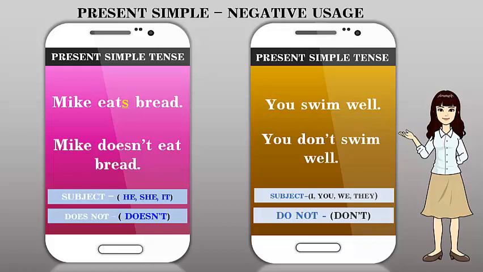I combine them to make don't. So if the subject is I, you, we, or they, we use do not or don't. So to review, do not and does not, or don't and doesn't, is a possible usage for the negative for present simple tense. Let's continue on.